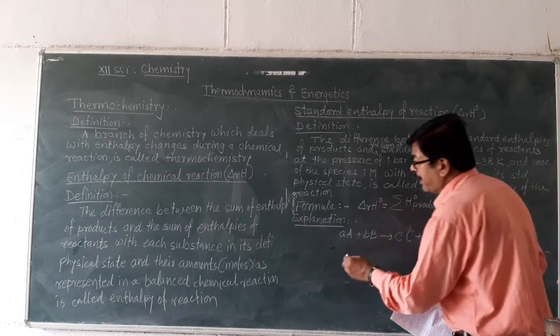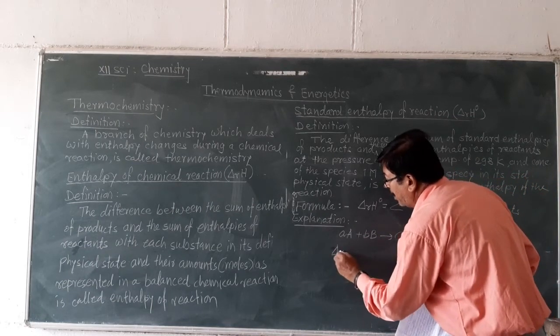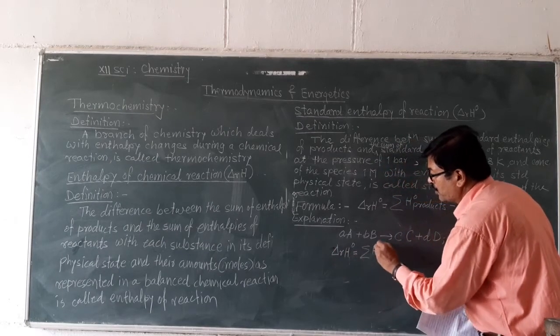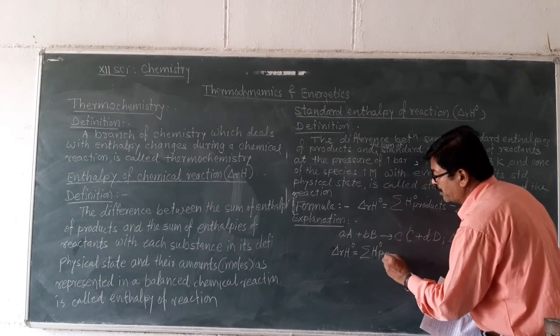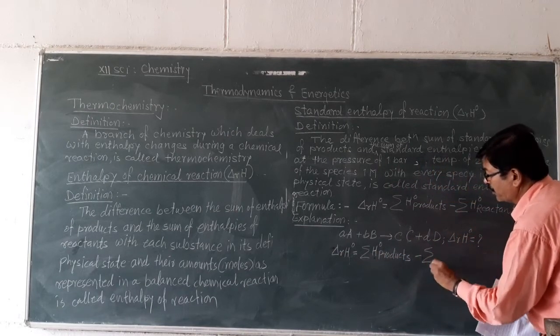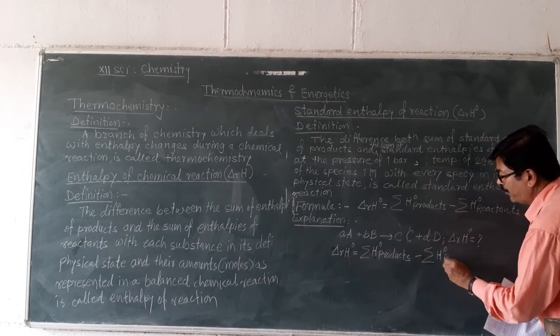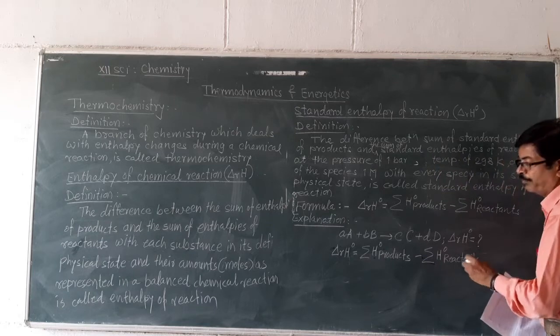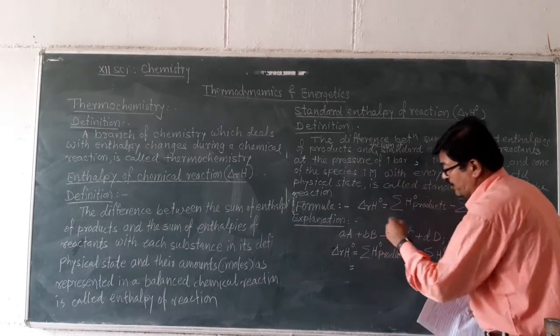Now the formula is the same. Delta R H naught is equal to the summation of standard enthalpy of products minus the summation of standard enthalpy of reactants. Now you put the values.